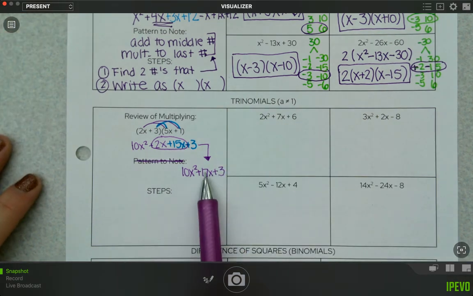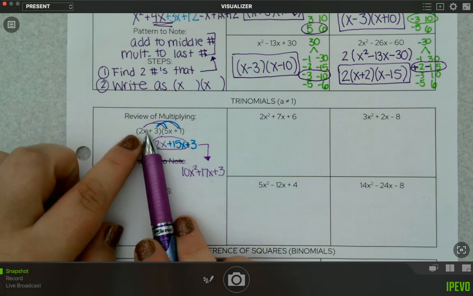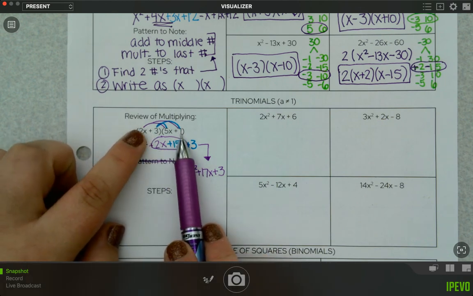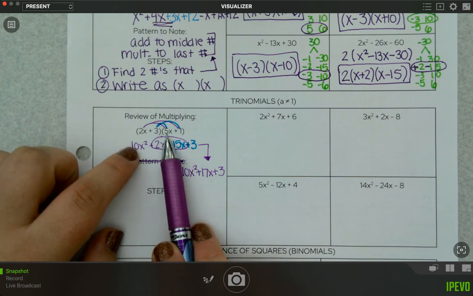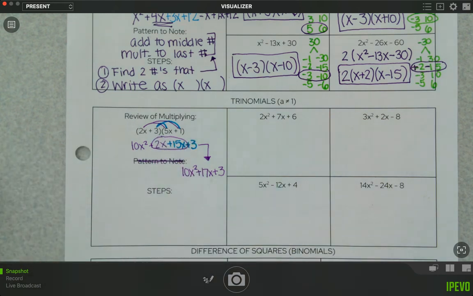So this number in the middle ends up being a combination of these two multiplied and these two multiplied, and those two answers added together.